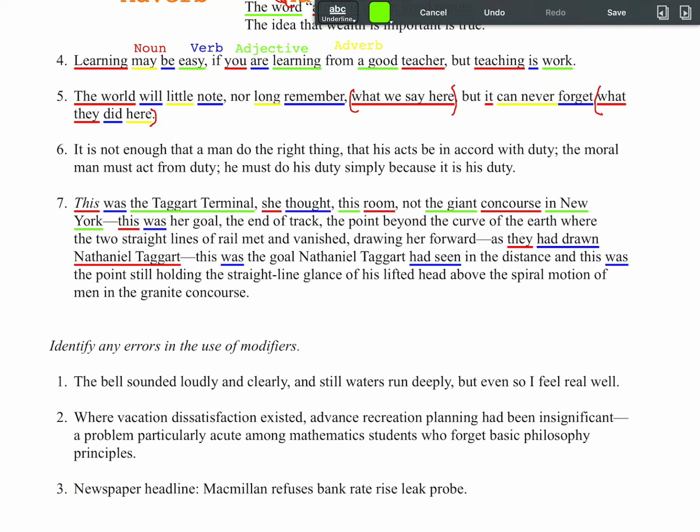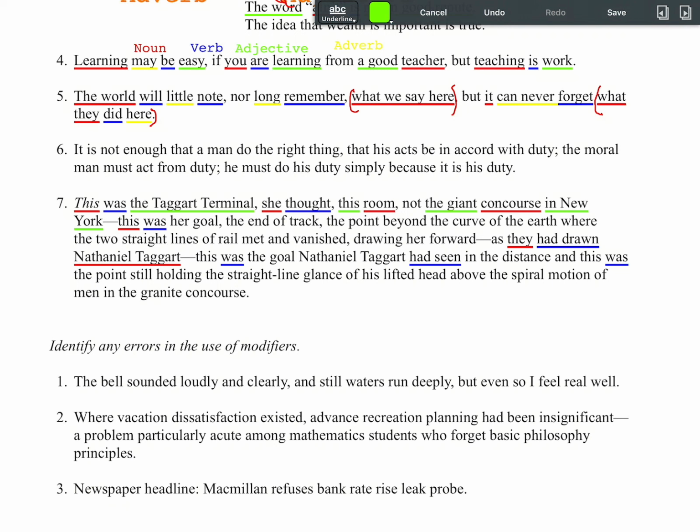Like, this was her goal. It's not an object because "was" isn't an action verb, but it's the complement. If you just say "this was," people are like, this was what? So this was her goal.